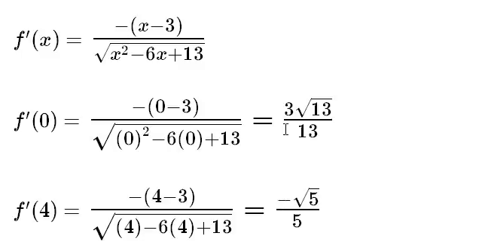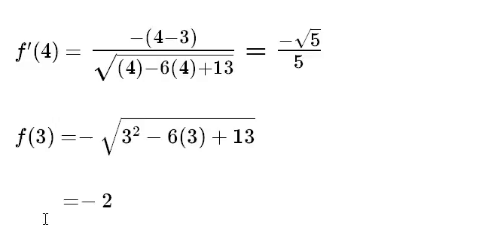Because we get a positive number to the left of 3 and a negative to the right of 3, we know that this function must have a maximum occurring at 3. So I take 3, plug it back into the original function, and we end up getting negative 2.